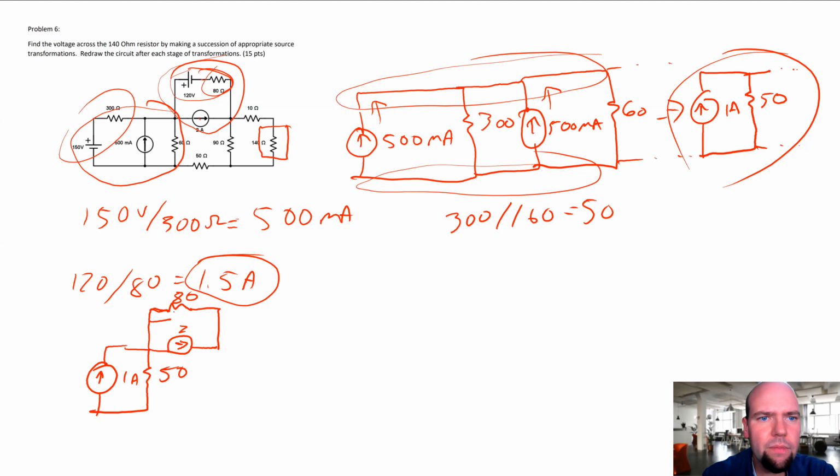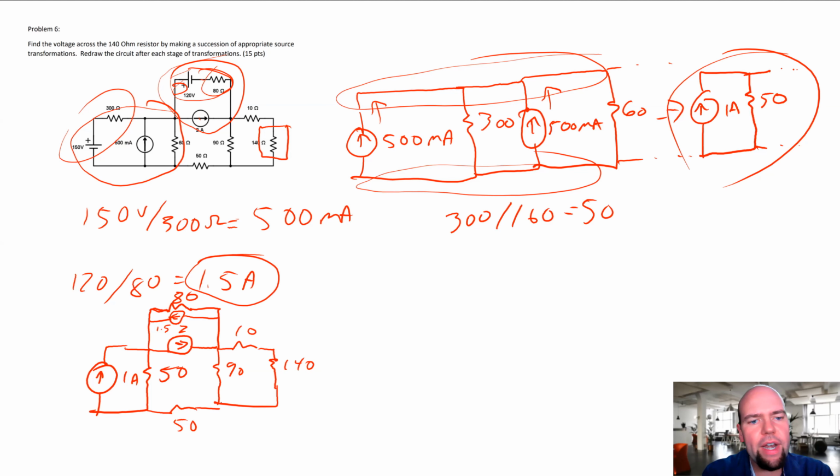Now we got to be careful with direction. The arrow points towards the positive side of the voltage supply. So the arrow always, yeah. So it's going to be like that, and this one here was 1.5. Okay. And then let's not forget about this 50 down here, and then let's not forget about this 90 here. Then here's our sacred 140 over here.